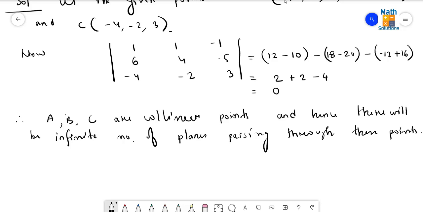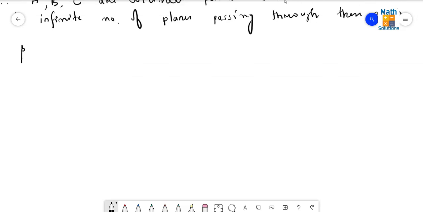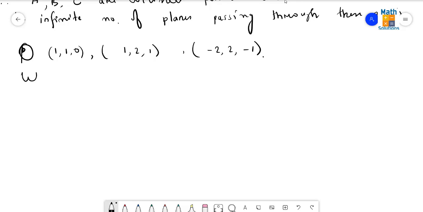Similarly, coming to the second part, again we have to check collinearity. Here the points for B are 1, 1, 0, then 1, 2, 1, and then minus 2, 2, minus 1. So first we shall be checking the collinearity.